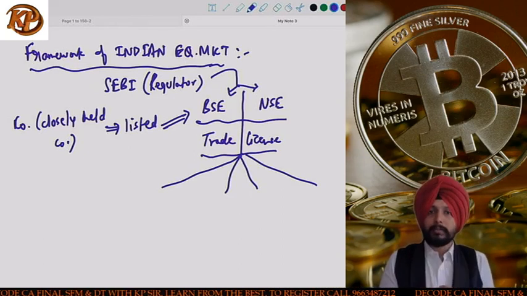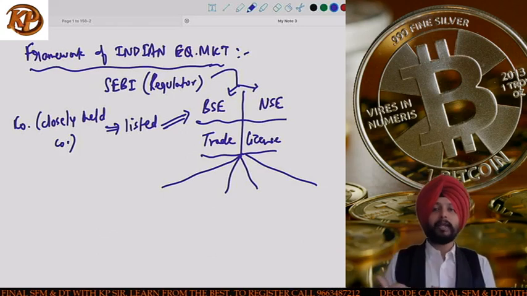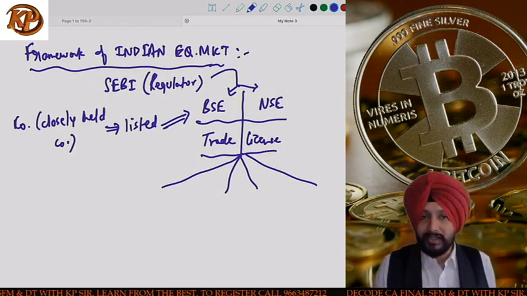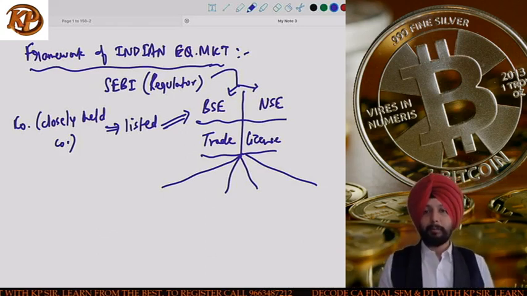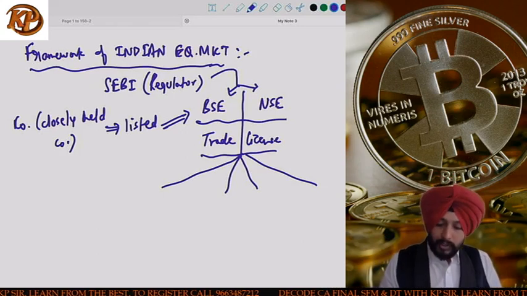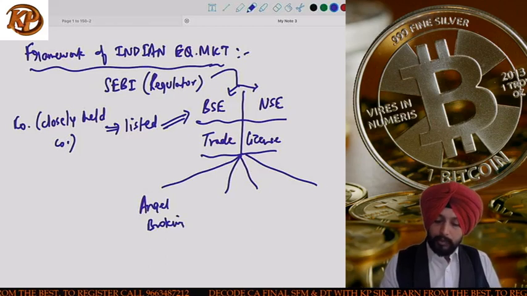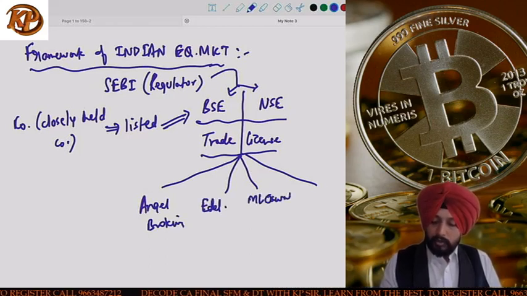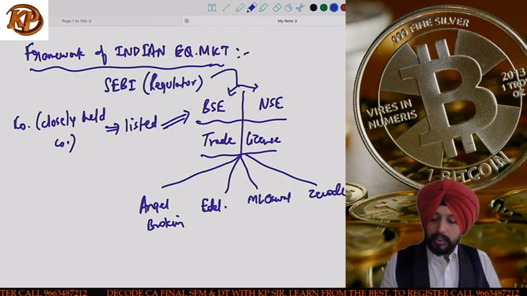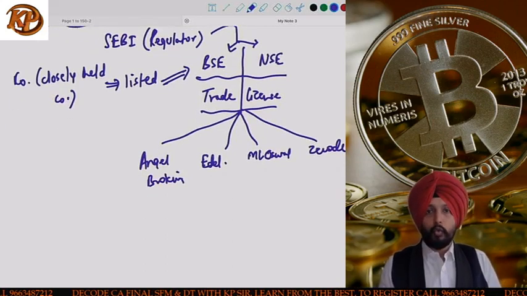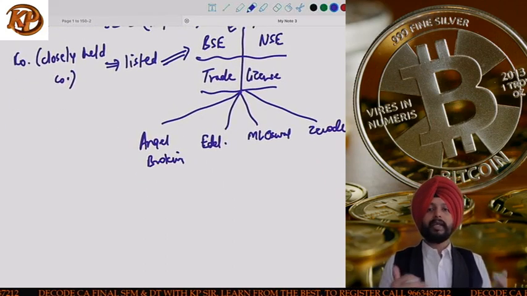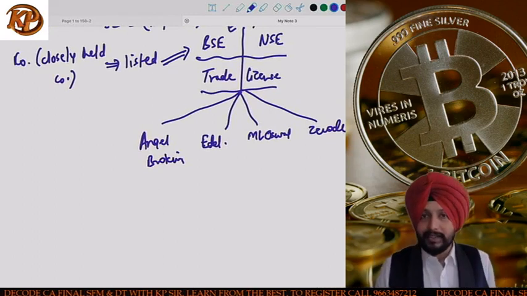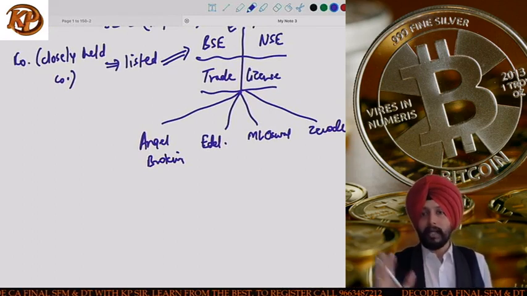What we know is BSE and NSE for trading purposes will issue a trade license, and this trade license can be purchased by different brokerage houses. Some examples I am giving you, like we have Angel Broking, we have Edelweiss, we have Motilal Oswal, we have Zerodha. These are some of the companies who have purchased the trading license from BSE and NSE. That is, they got a trading platform.